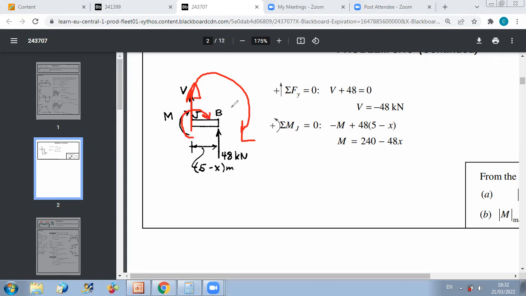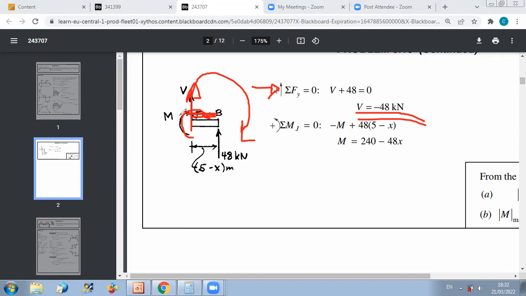Now to get the values of V and M, all I have to do then is first to say sum of y equals to 0. So I have to do plus V plus 48 equals 0. This will give me V equal minus 48. So my shear is negative for the last section. And as expected, V is constant for last section because I don't have any variation from point C to B.